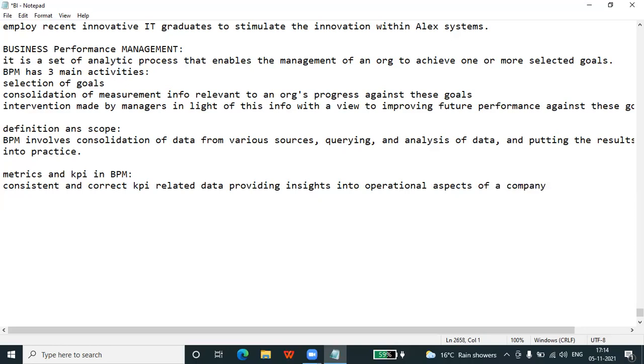Timely availability of KPI related data. KPIs designed to directly reflect the efficiency and effectiveness of a business.